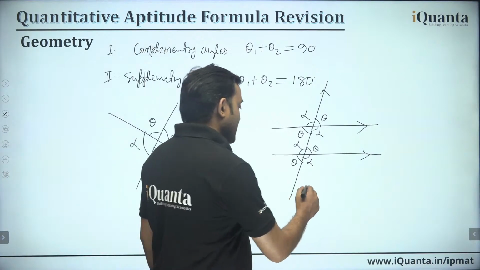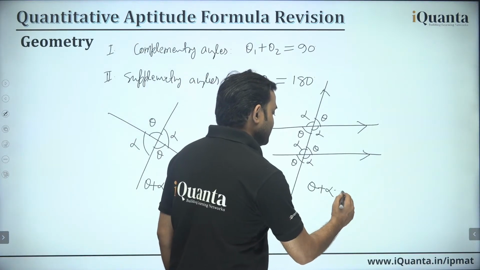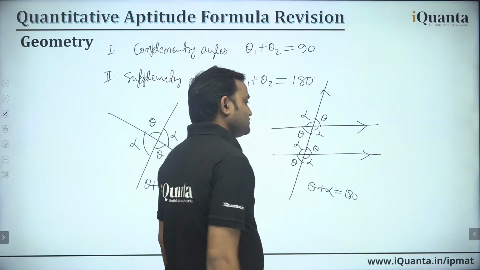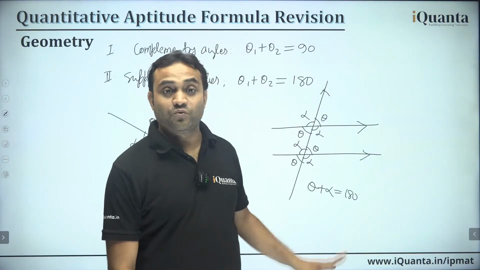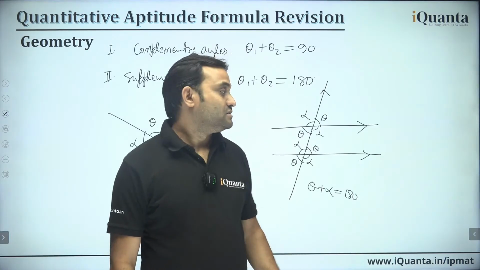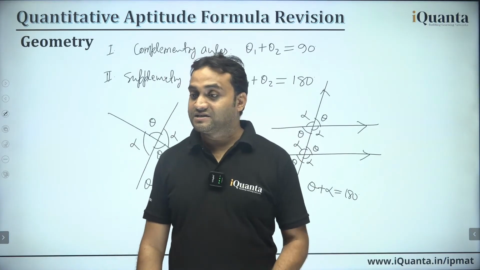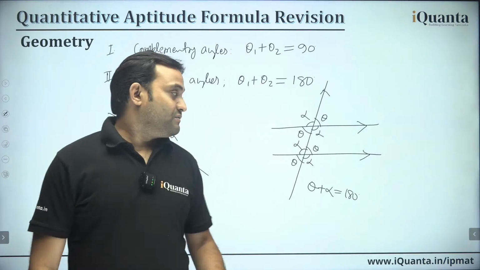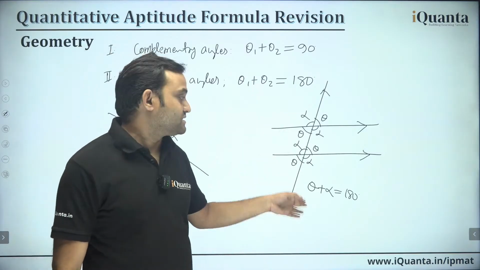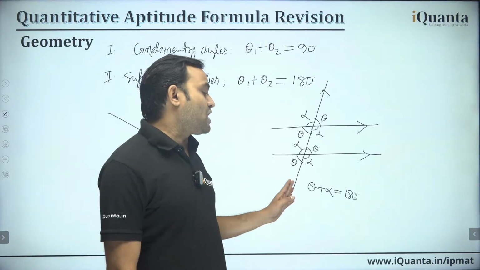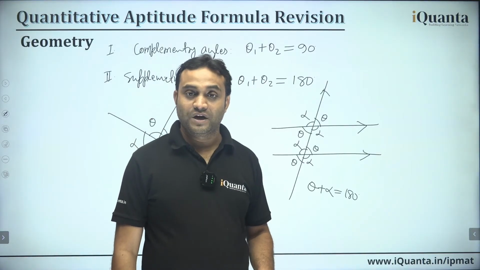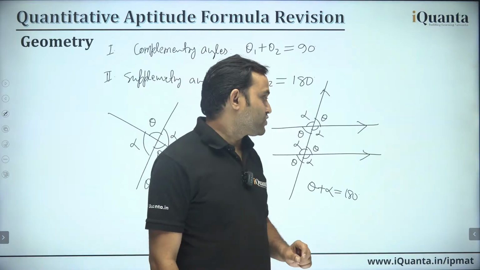Then any theta plus any alpha will be equal to 180 degree, in any two parallel lines when there is one transversal line. So this is the relation between the angles that you get. There will be 4 acute angles, there will be 4 obtuse angles. All the acute angles are equal, all the obtuse angles are equal.